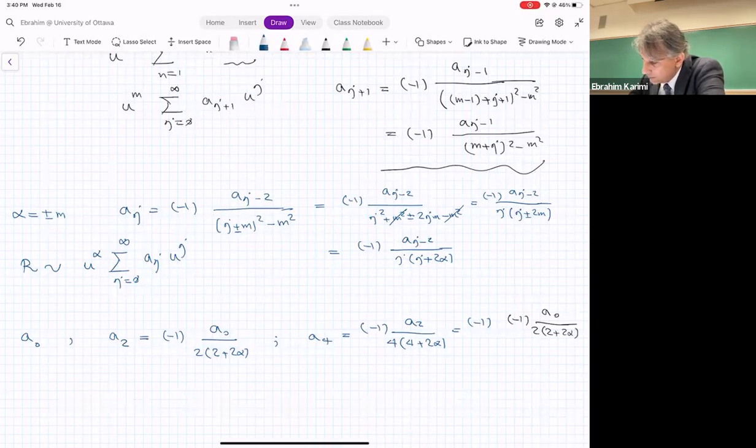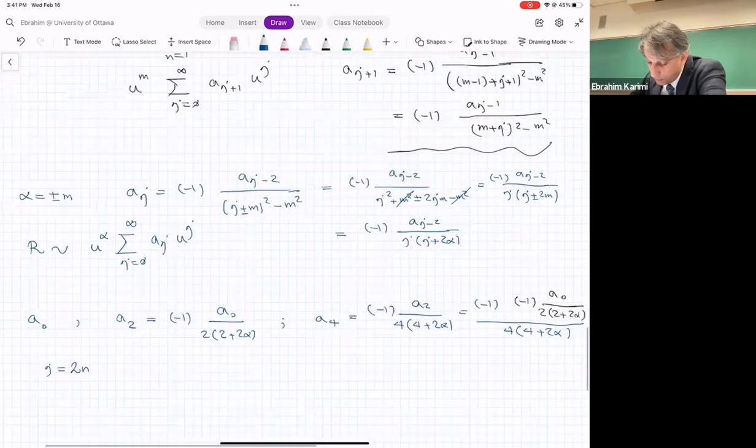Then the entire thing is divided by 4 times 4 plus 2 alpha. Okay, so only j, which is 2n, will stay, and the rest will cancel out each other. The rest will be 0.